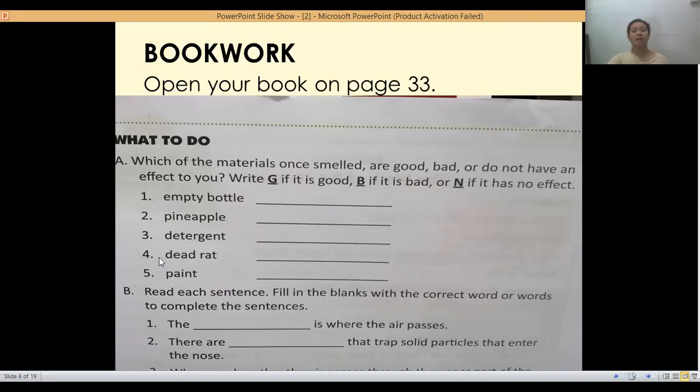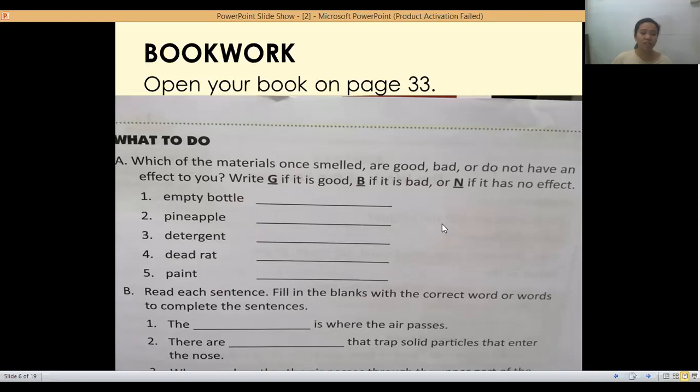Number 4, dead rat. Good, bad, or no effect? And number 5, paint. When you smell the paint, is it good, bad, or no effect?